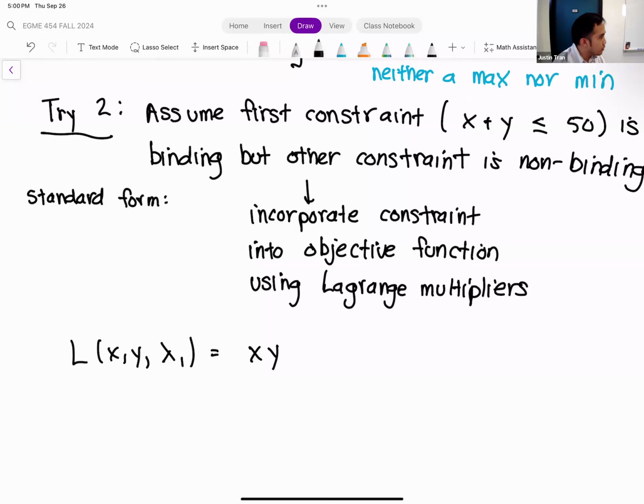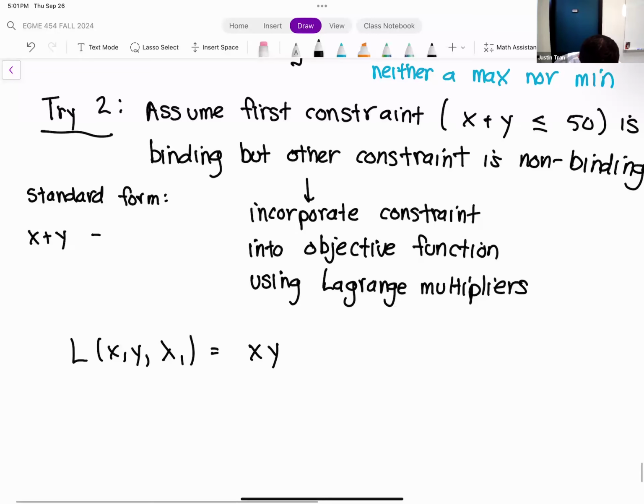Before we include any constraint into our objective function, it has to be in standard form. So our constraint in this case is x plus y. Since we're going to assume that this constraint is binding, I'm just going to turn that less than or equal to sign into an equal. So our constraint in this case is x plus y has to equal 50.